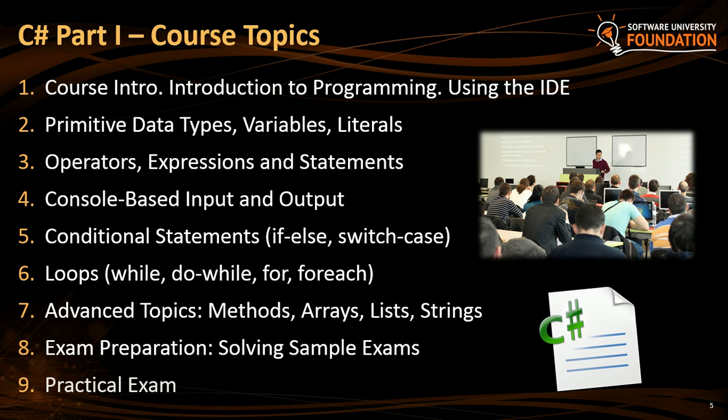The next topic will be console basic input and output. We'll learn how to print information on the console. We'll learn how to print different data types, things like numbers, dates, strings, and others. And we'll learn how to read the same data types from the console, strings, and how to parse a string to a number, because we cannot read numbers directly in C#.